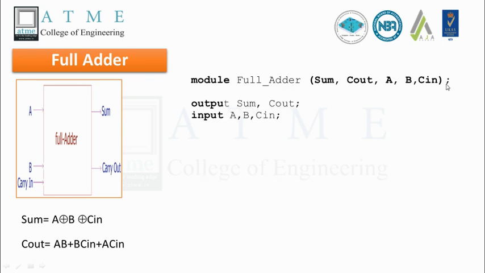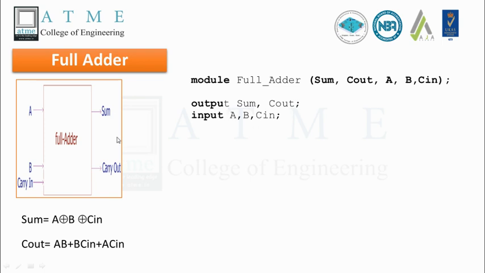The next statement is to specify the direction of these ports. In this block, sum and carry out are the output ports, which is specified through the keyword output, sum comma C out. If the ports are of similar nature, they can be listed in the same line.